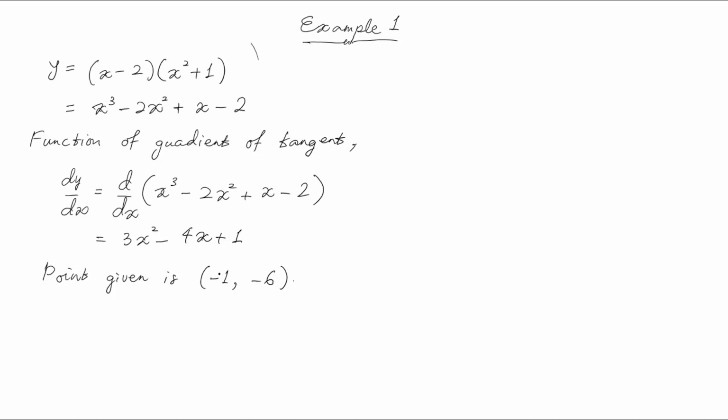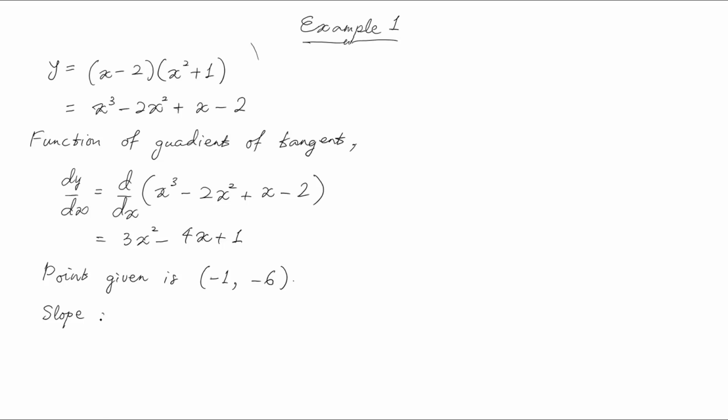Okay, so this point is actually xt, and this is going to be our yt. So now that we have everything, we can use the xt to find the slope. It's actually the gradient of the tangent line itself. So I'm going to use the word slope over here because it's more familiar for you.